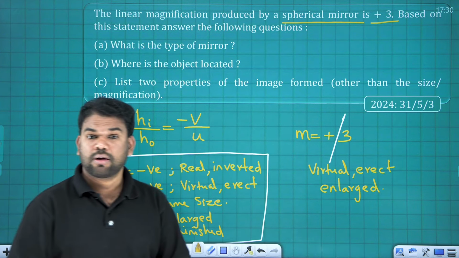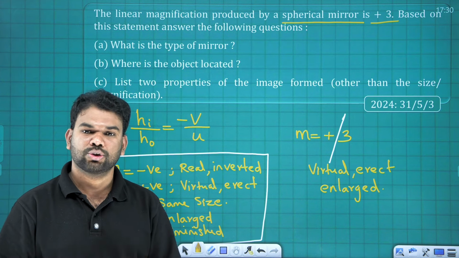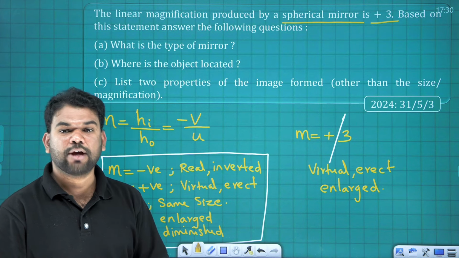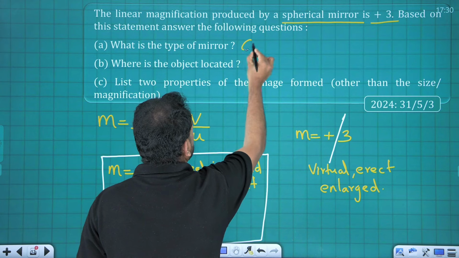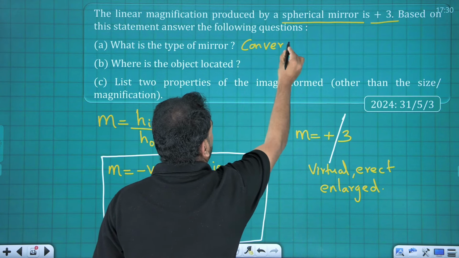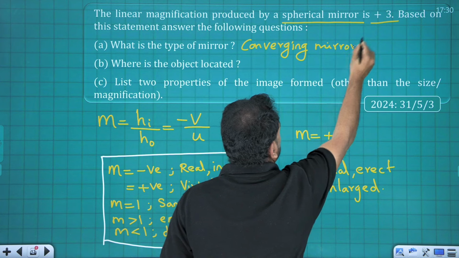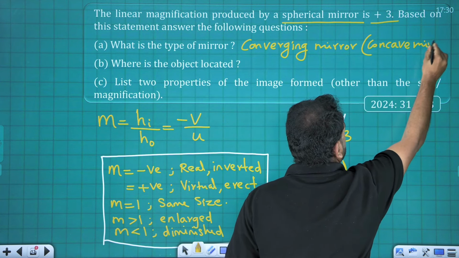You know that a convex mirror always forms a virtual, erect, diminished image. So surely, since it's an enlarged image, it's none other than a concave mirror or converging mirror. So what is the type of mirror? Converging mirror or concave mirror.